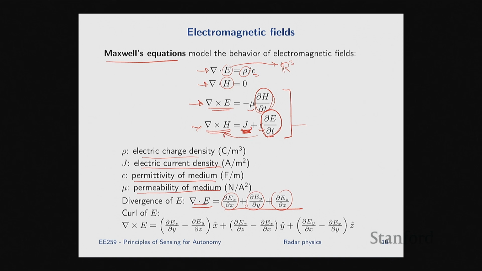And the curl of a field is given by this bigger expression. It's also related to its partial derivatives with respect to x, y, and z, but the curl is a vector in R3. So that's just the mathematical definition of a divergence and a curl.